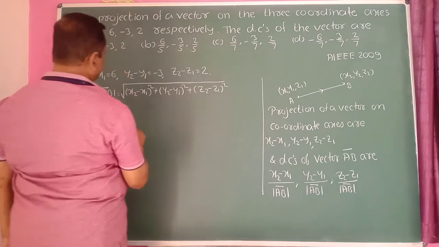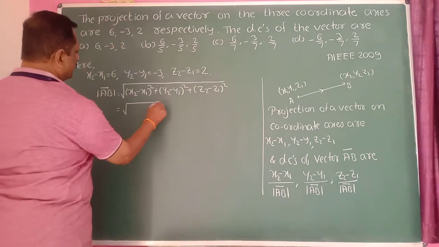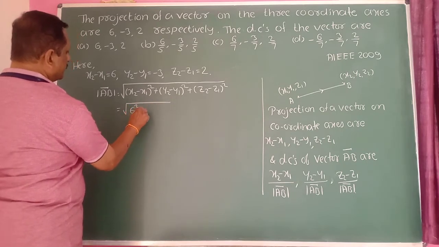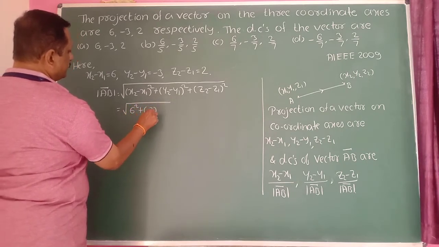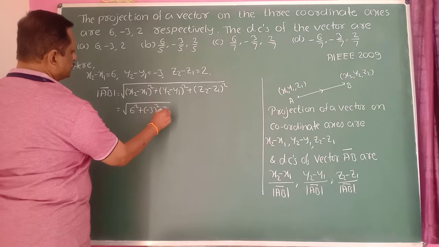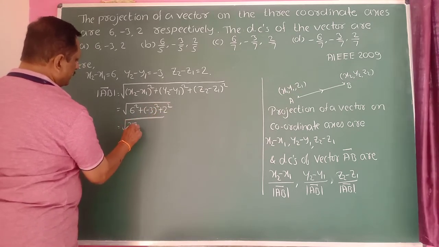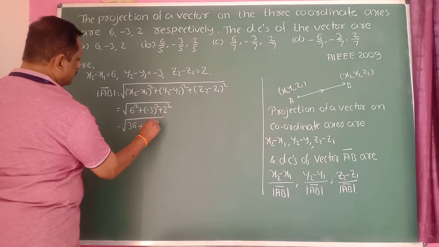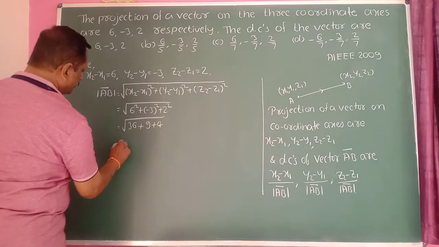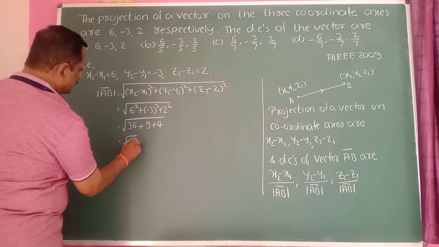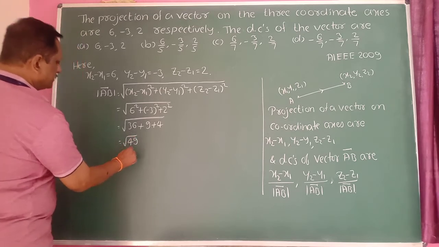Therefore, this is equal to root of 6 square plus (minus 3) square plus 2 square. 6 square is 36, 3 square is 9, 2 square is 4. So root of 49, the square root of 49 is 7.